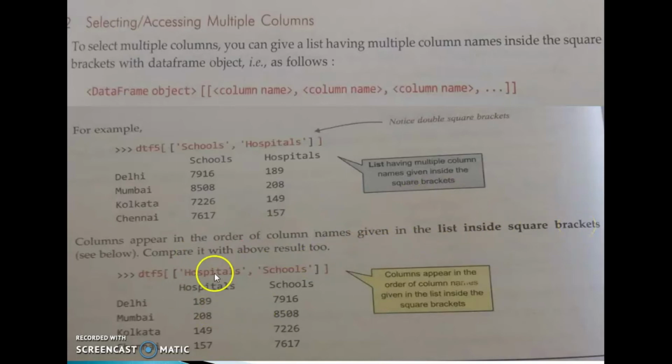That is, first we are giving hospitals, so we can see hospitals first. Here we use schools as the first column, so we can see the schools column first. So columns appear in the order of column names given in the list inside the square brackets. Clear?